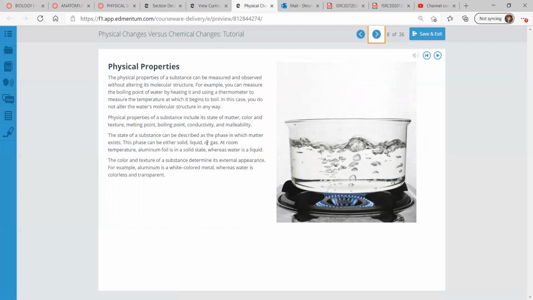In that case, you're not altering the water's molecular structure in any way. Physical properties of a substance include its state of matter, color, texture, melting point, boiling point, conductivity, malleability.